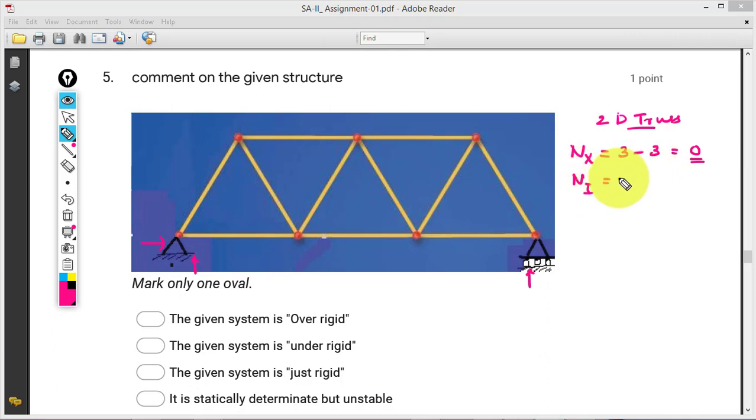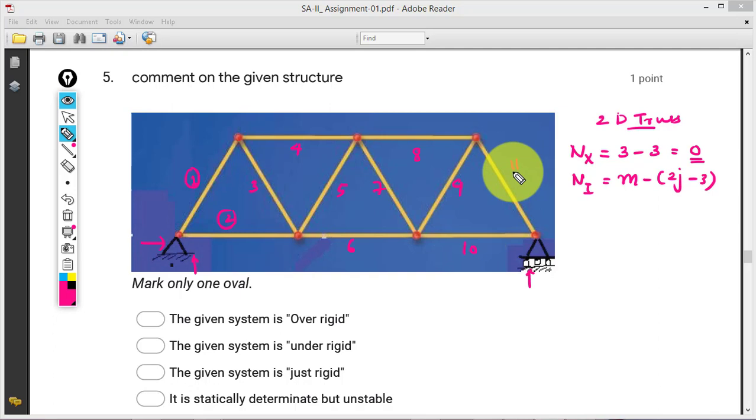For a 2D truss, the internal static indeterminacy is given by m minus (2j minus 3), where m is the number of members. Let us count the number of members: 1, 2, 3, 4, 5, 6, 7, 8, 9, 10 and 11.